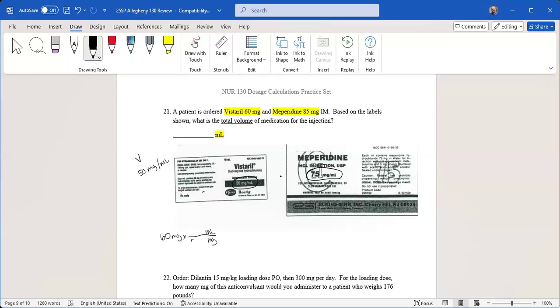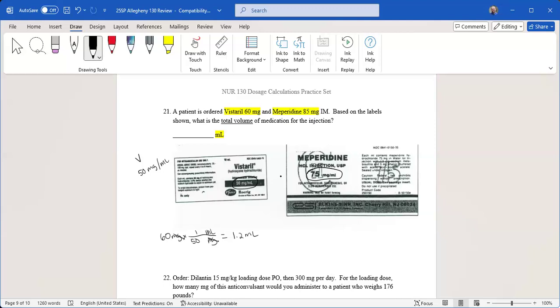So 50 milligrams, 1 milliliter, 60 divided by 50, and I get 1.2 milliliters. So I need to give the patient 1.2 milliliters of Visceral.